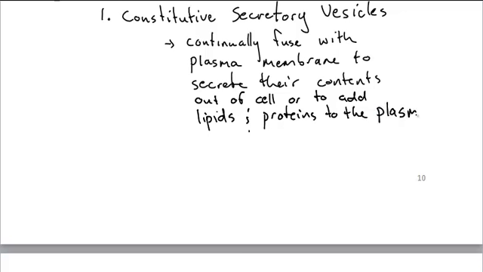And it's the latter part of that that is more common for constitutive vesicles, in that they are delivering lipids to the membrane so that the cell membrane can actually grow.